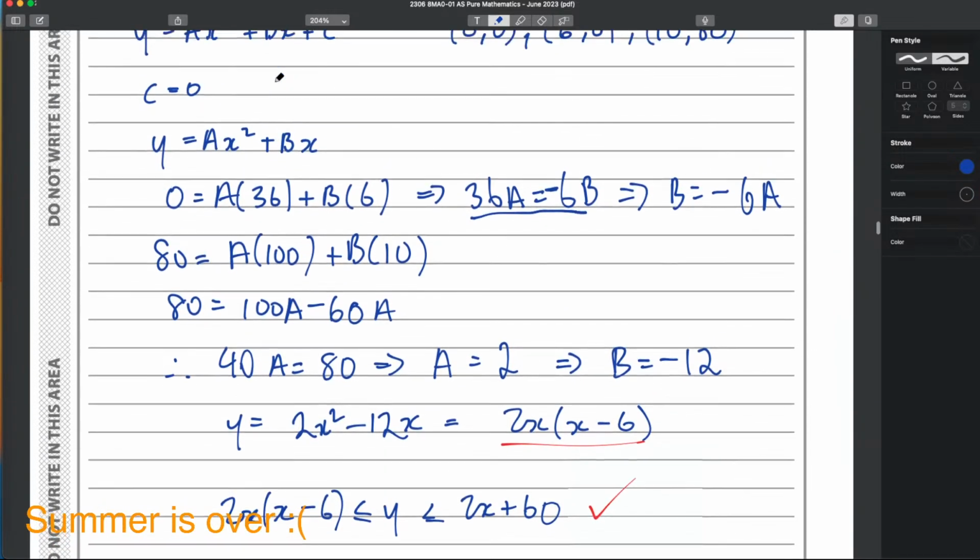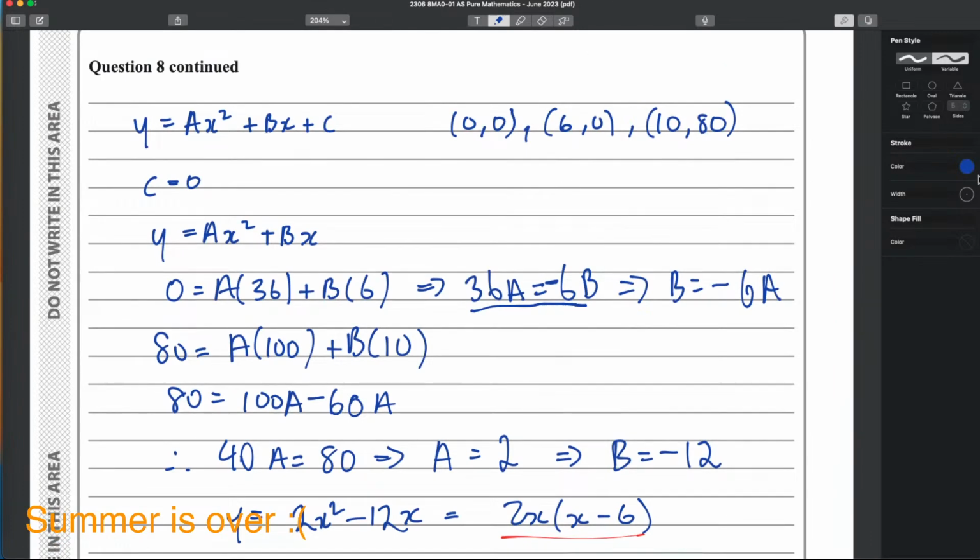So plugging this point into this equation gave me 0 equals 36a plus 6b, which we can then say 36a equals negative 6b, rearranging this equation here.